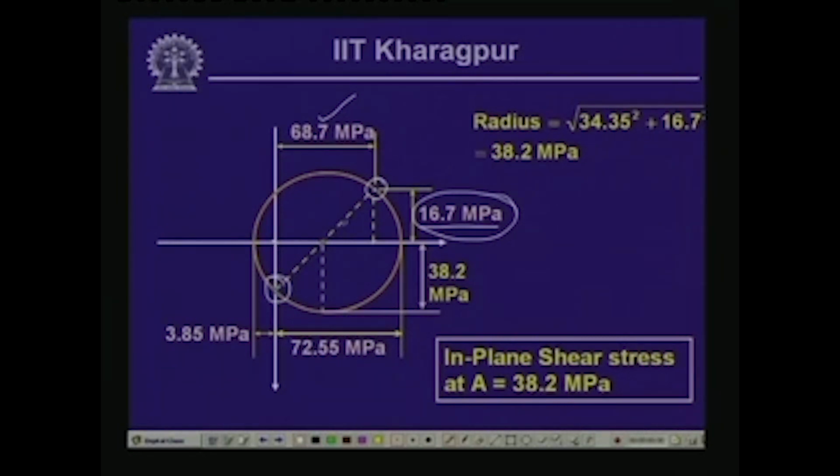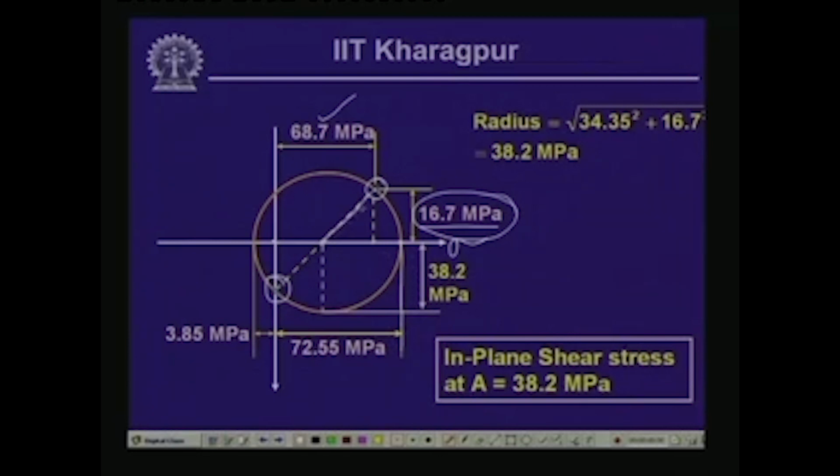So, if we join these 2 points, wherever it cuts the sigma axis gives us the center of the Mohr circle. So, with this as center, and if we take this as radius, we get the Mohr circle, and this is the point which represents the maximum value of the stress.